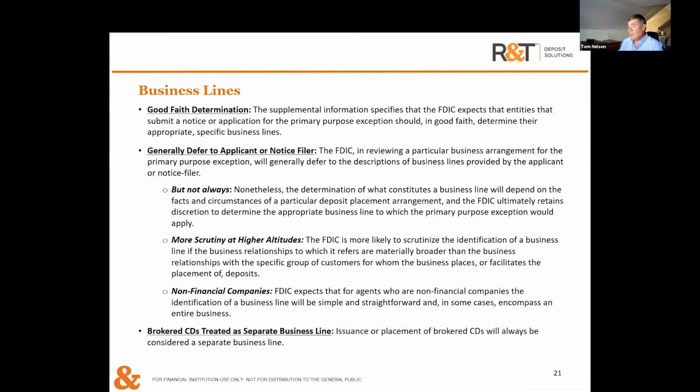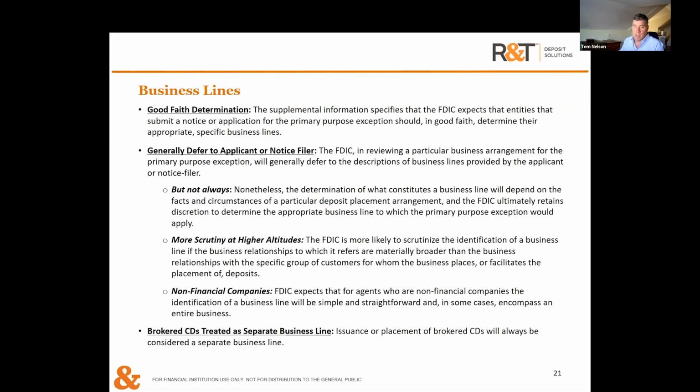An example might be a bank holding company that has a broker dealer operation, a trust company, and then some kind of a deposit placement structure. You can't add up all the money from all the other areas and then throw in this other business line, which really walks and talks like a duck, so should be treated like a duck, and say, hey, we're under 25%, so everything's good.